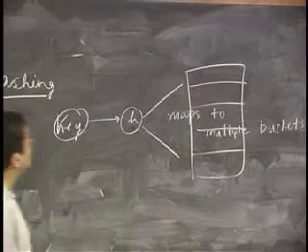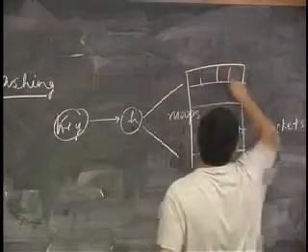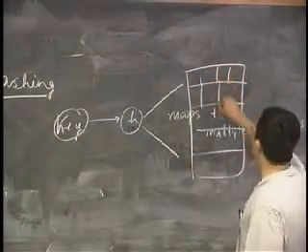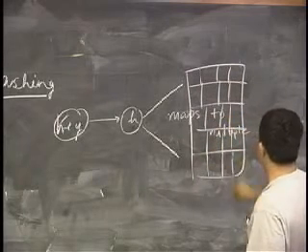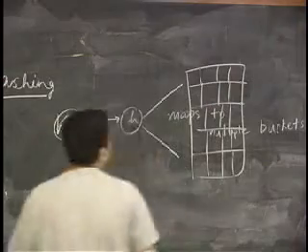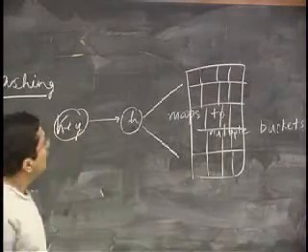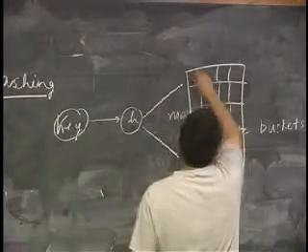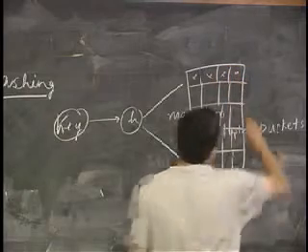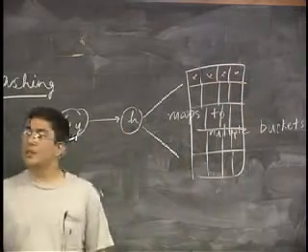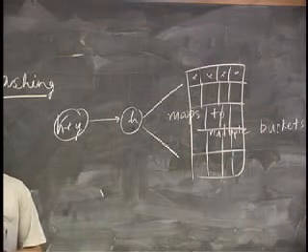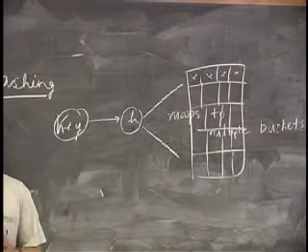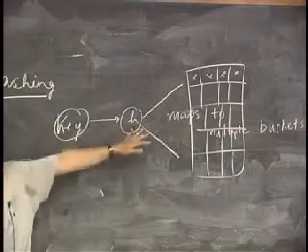The problem is that a bucket can contain, say, 4 data fields, and all these 4 are filled up. Then we have a similar situation as ISAM, the index sequential access method, because this is static.